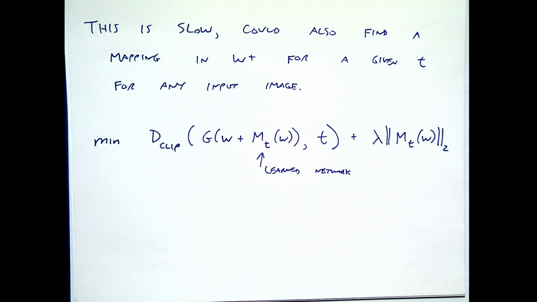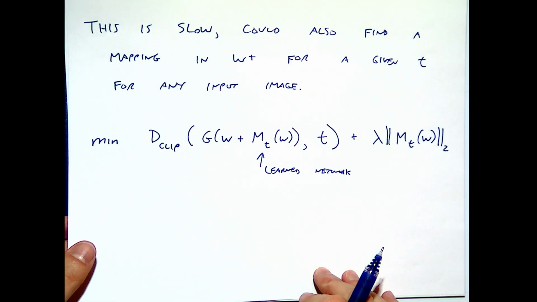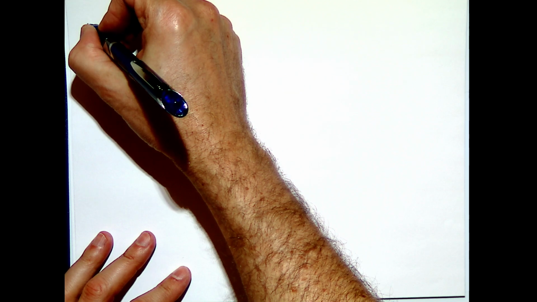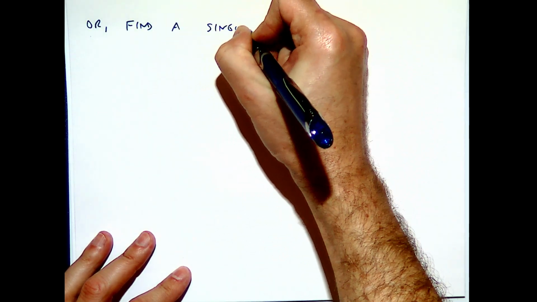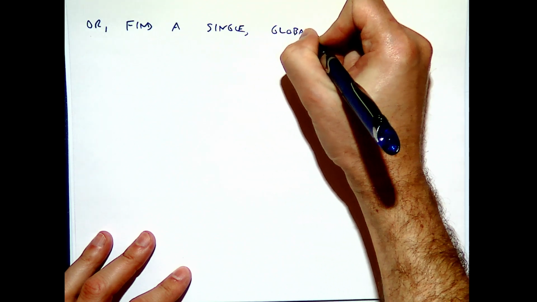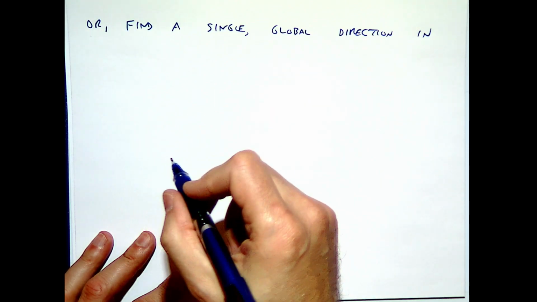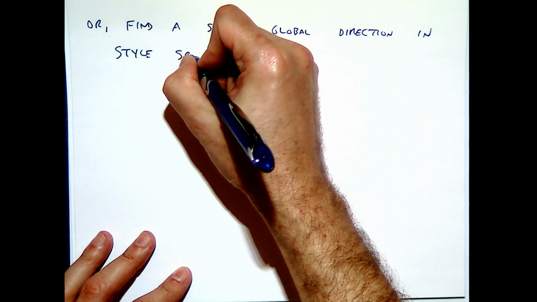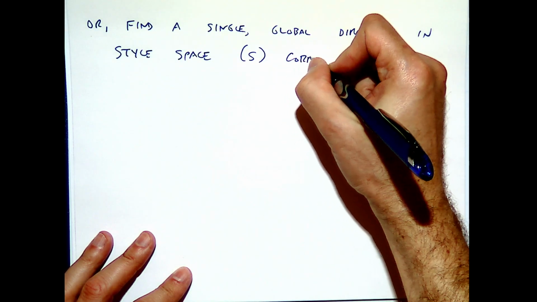Or they also talked about this in style space instead of in W space, right? So the third thing that they talked about was, or I could find a single global direction in style space, this S space corresponding to t.